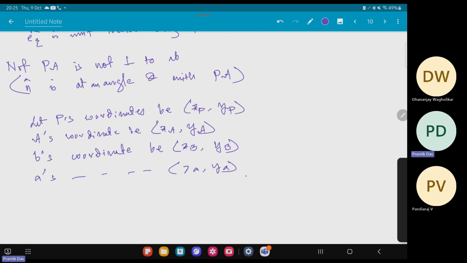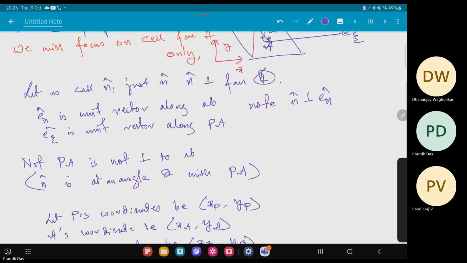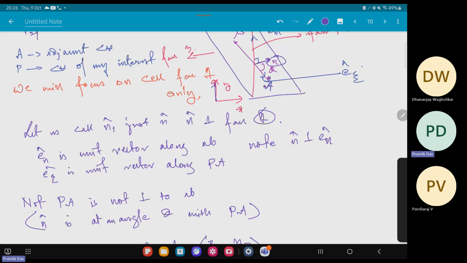So therefore, using the shown xy axis, and O is the origin itself. So this one is the xy axis, and this one O is the origin.